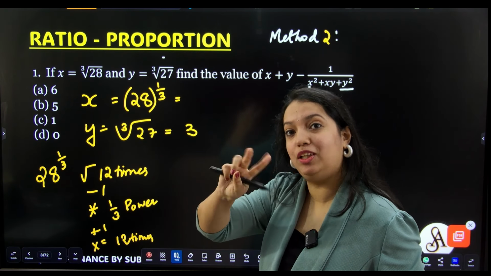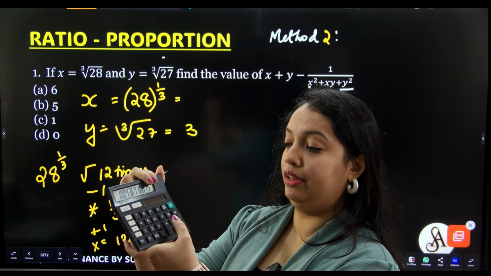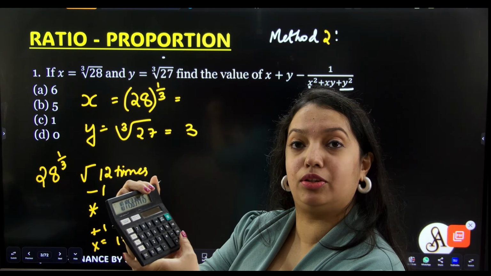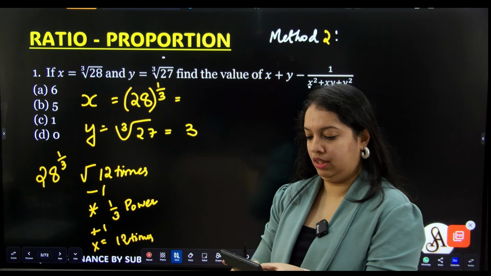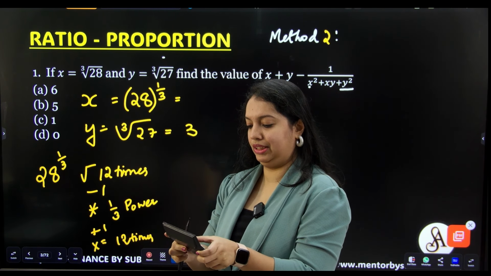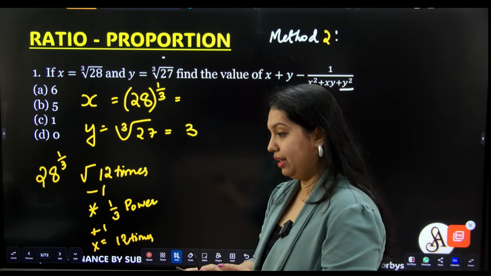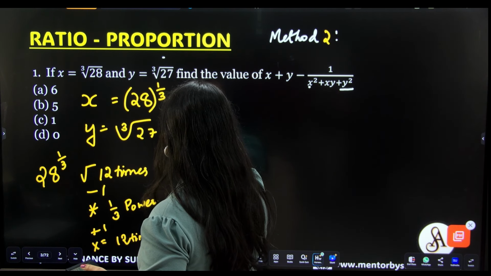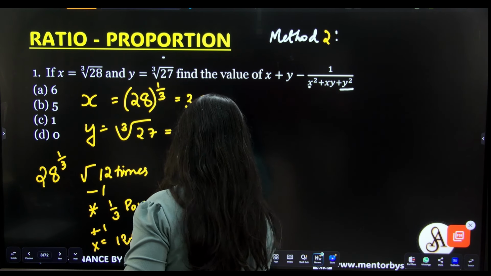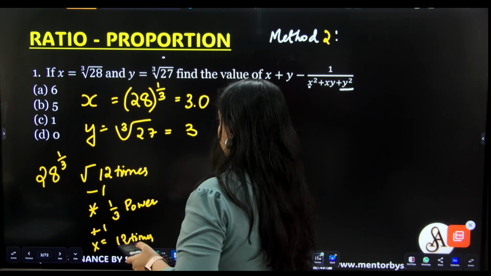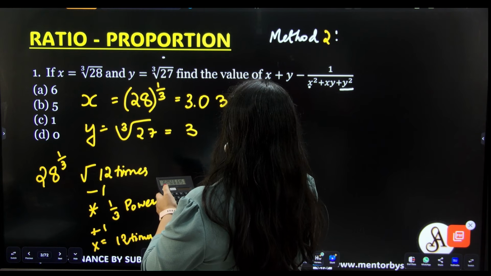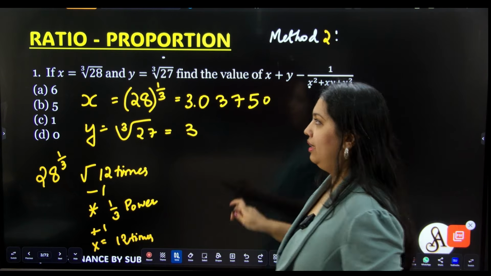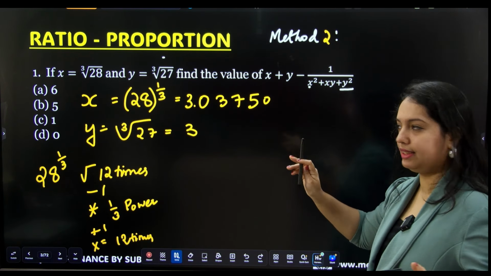Press both into and equal to button 12 times. See, into equal to first time, into equal to second time, and so on. I'm getting the value as 3.0375.